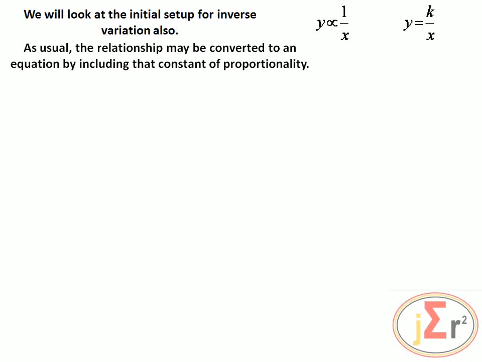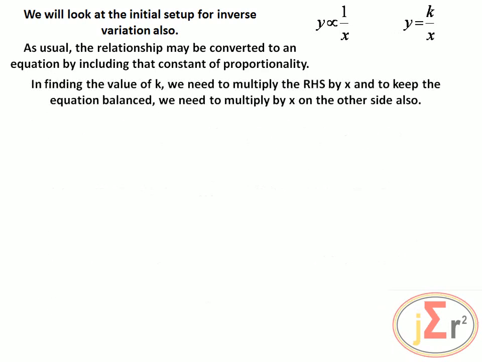So as usual, the relationship may be converted to an equation by including the constant of proportionality. And in finding the constant, we are dividing by that x on the right hand side, so we will multiply by x. So in finding that value of k, we need to multiply the right hand side by x. And to keep the equation balanced, we need to multiply by x on the other side also.